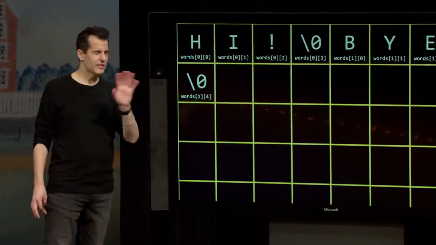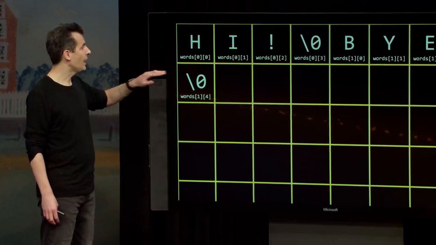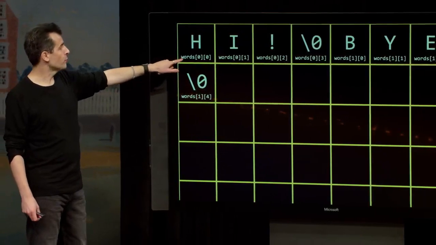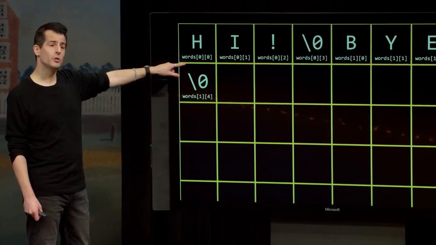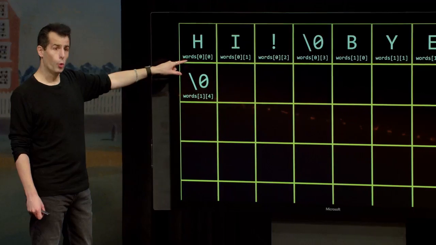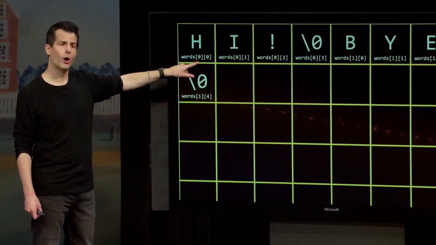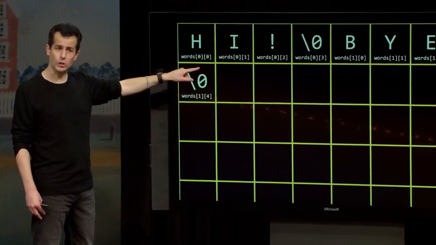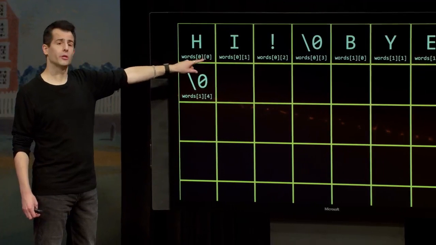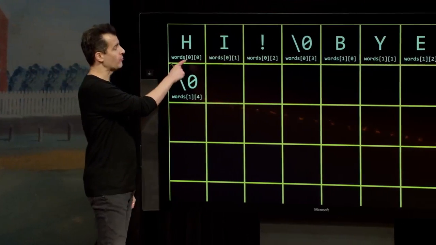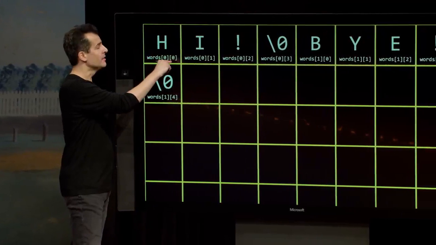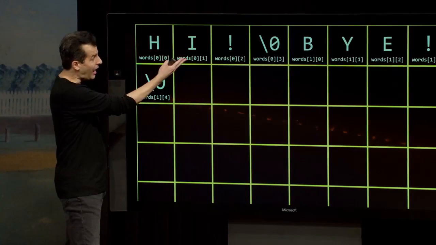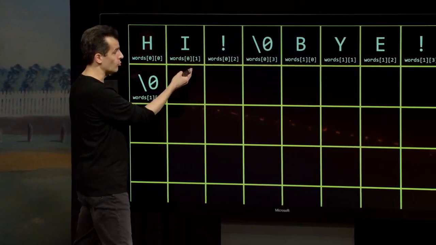And so here, and this will be the last weird syntax for today, you can actually have multiple square brackets back to back. So if your variable is called words, and that variable is an array, if you want to get the first word in the array, you do words bracket 0. Once you're at that word, hi, and you want to get the first character in that word, you can similarly do bracket 0. So the first bracket refers to what word do you want in the array. The second bracket refers to what character do you want in that word. So now the i is at words bracket 0 bracket 1.